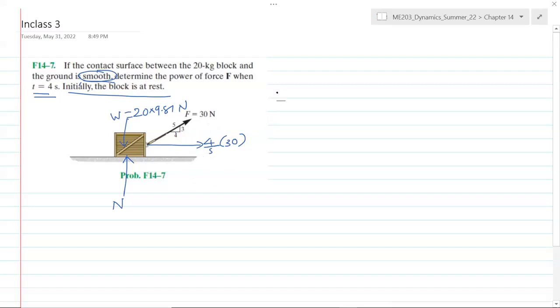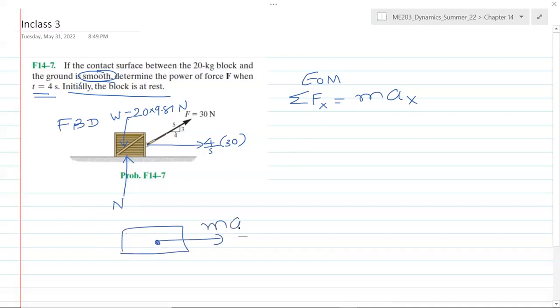Okay, so let's apply the equations of motion in Cartesian coordinate system, that sum of forces in x direction is equal to mass times x acceleration. So this is our free body diagram. We can also draw the corresponding kinetic diagram, such as this m ax. That's the kinetic diagram.